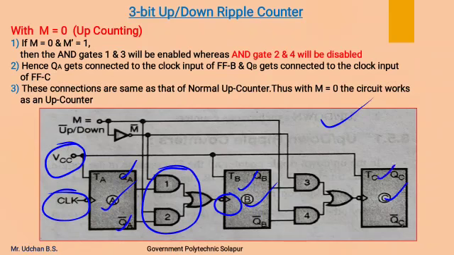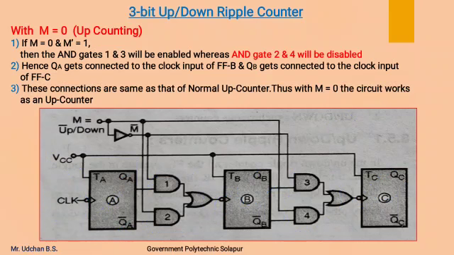Similarly, this flip-flop receives the clock input from the QB or QB complemented output through this combinational circuit. A mode control input is also connected to the AND gates 1, 2, 3 and 4 of this combinational circuit.